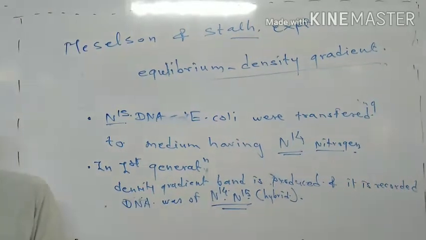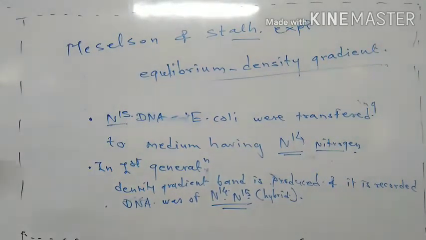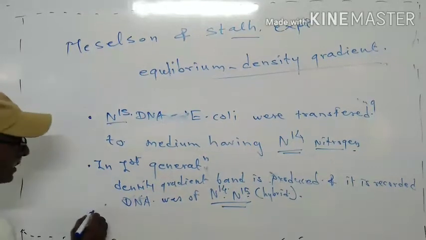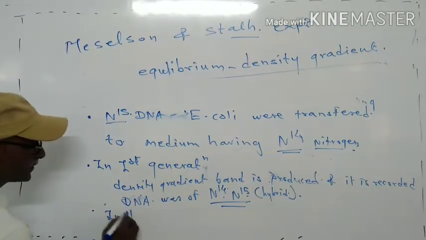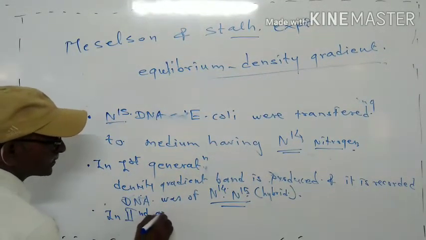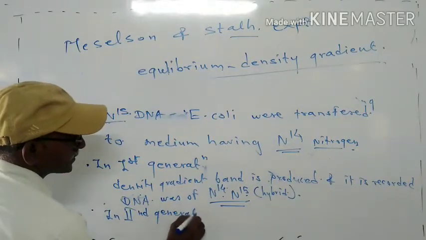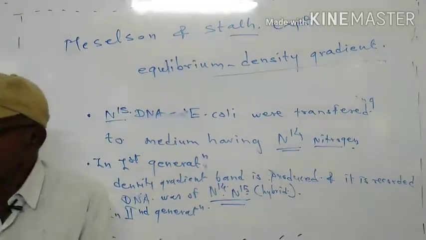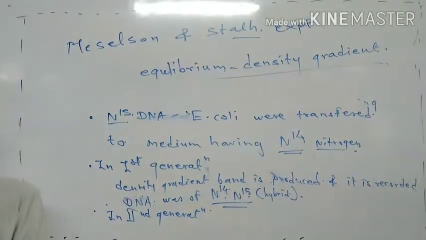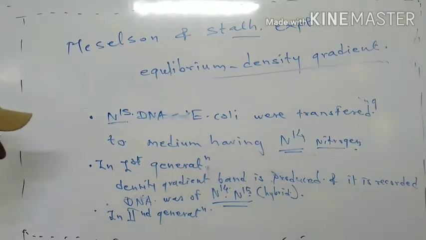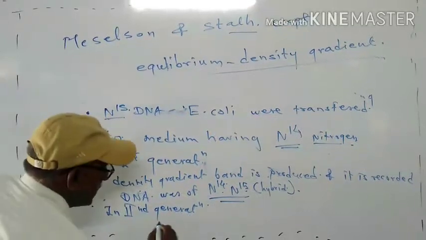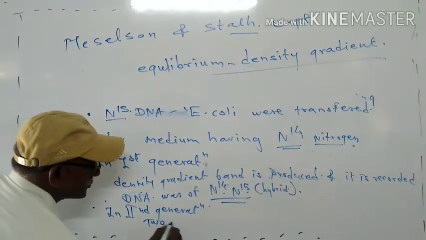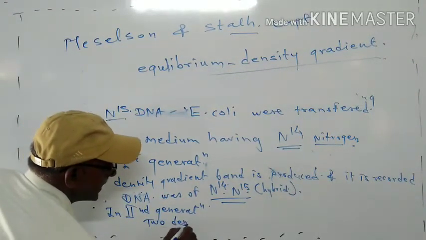Now, in the next step, second generation was obtained. In second generation, what did they get? Two density gradient bands were obtained.